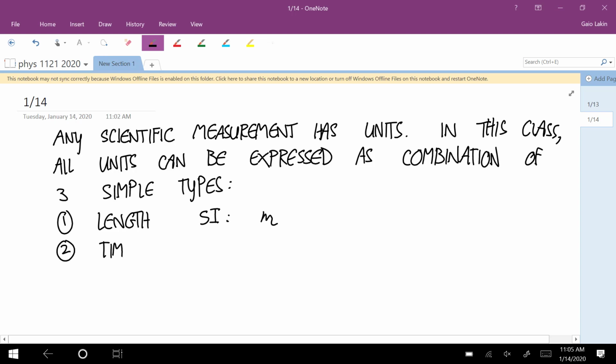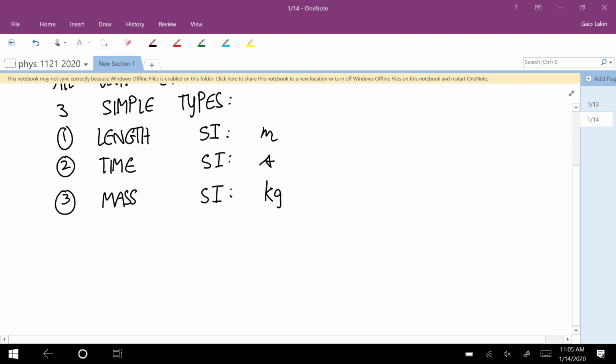Time, and the SI units for time are seconds. And mass. And the SI units for mass are kilograms. You'd think maybe grams because you don't have the prefix on it, but it's kilograms.